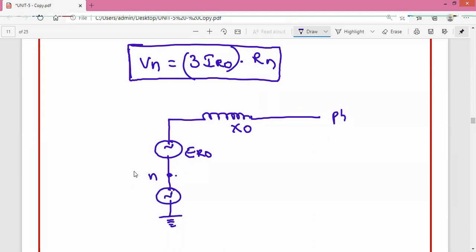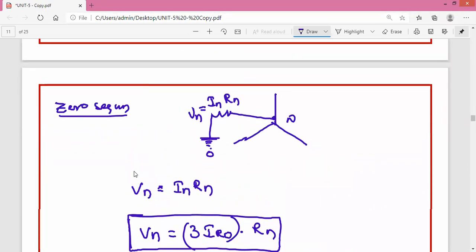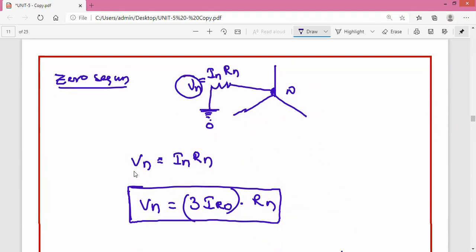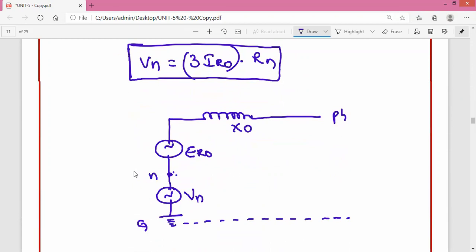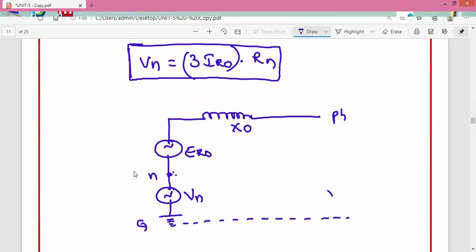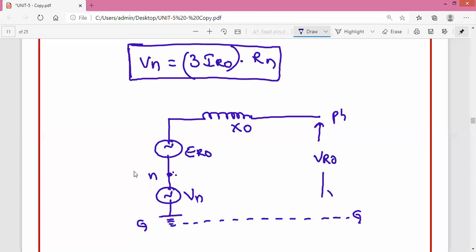So this is the ground, and this value is Vn, neutral to ground. Just now we discussed it. So the zero sequence component is always with respect to ground, phase versus ground, and this is Vr naught, and this is Ir naught.